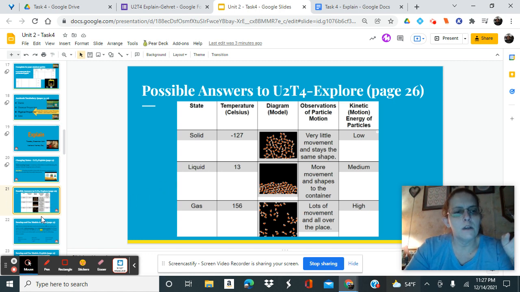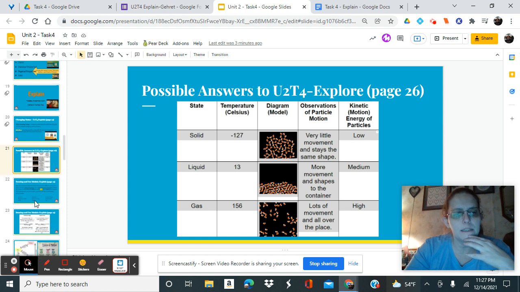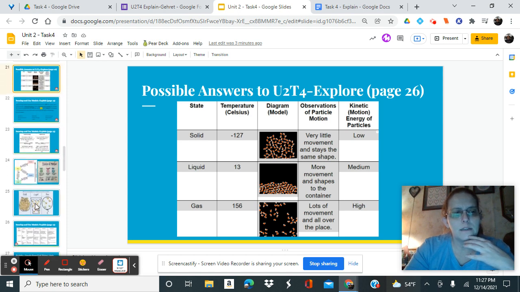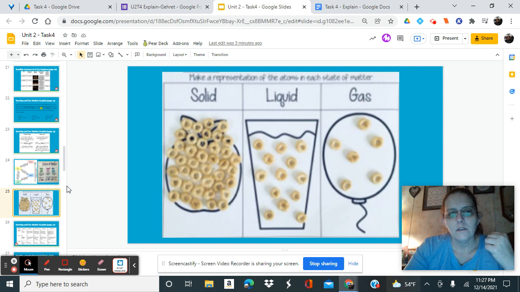So what I added to this slide, and I added it tonight, so you guys probably didn't see it, is something like this. So think about this. A solid, there's not a lot of room for a lot of motion. These things are constantly vibrating, right? But they take up the room that they have. Okay, they're kind of just together. And then the liquid, there's a little more wiggle room.